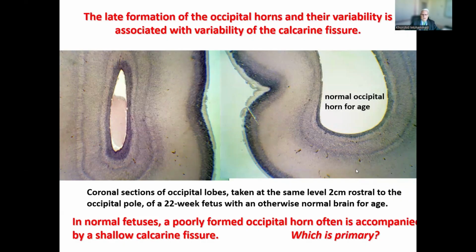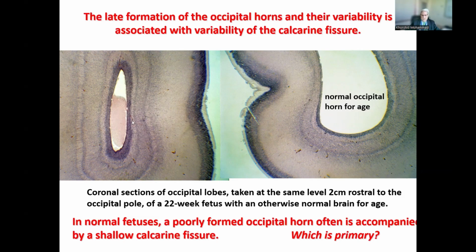If you look at cut surface of fetal brains, however, this is a 22-week fetus, mid-gestational fetus, and here you have asymmetry of the occipital horns. The larger one that you see on the right side of the screen is normal for this age. The one that you see that's smaller on the left side is too small, or it's asymmetrical at least, and smaller. There's a little bit of plasma in the ventricle, but that's of no consequence. Don't worry about that.